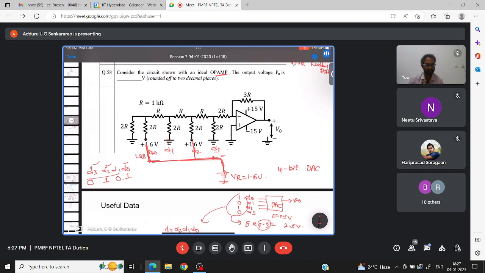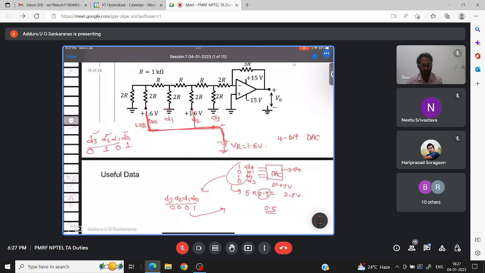We can quickly calculate, but I'll just go through some background on how to calculate this. Have you understood about the circuit? If you have understood, then we will go ahead.